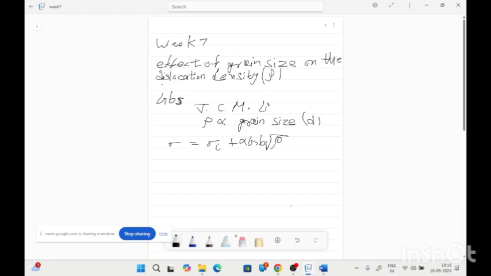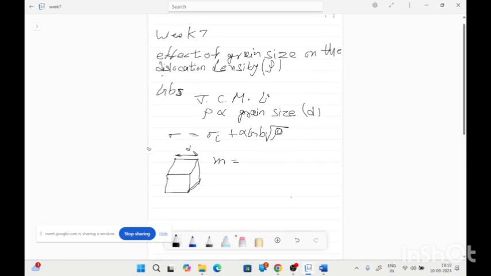From the grain boundary and dislocation density perspective, if we assume a grain of size D, then one parameter is defined as the efficiency of grain boundaries to emit dislocations.